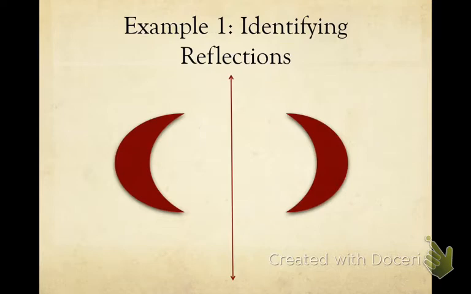Okay, so now I've identified, yes, the y-axis is my line of reflection, but is it a true reflection? It might not be. All right, so I want you to answer that on your paper. If you think it's a true reflection, if it were to flip across that axis, is it a mirror image of the original figure?